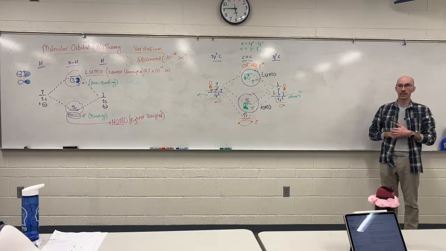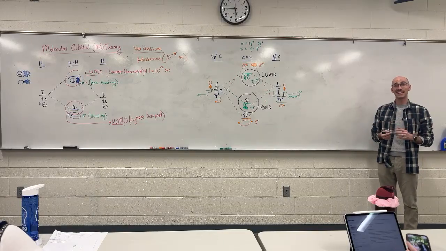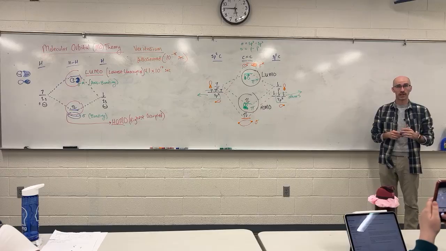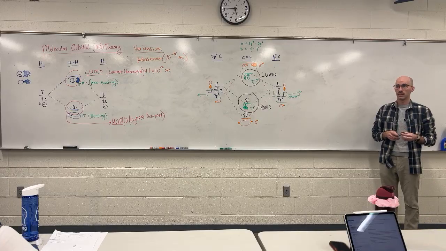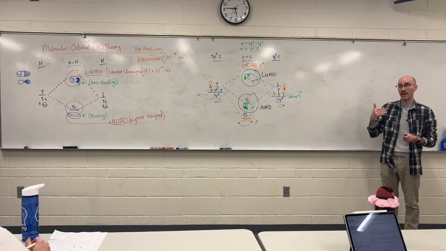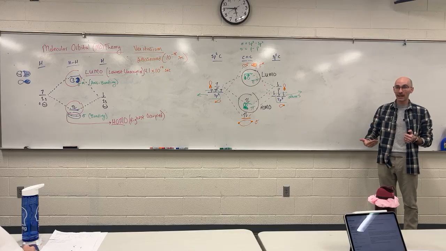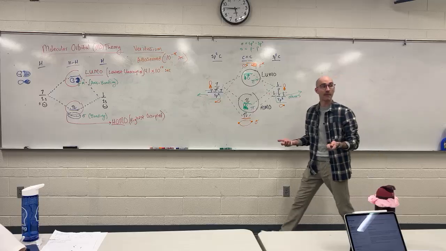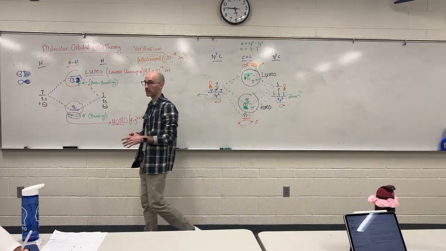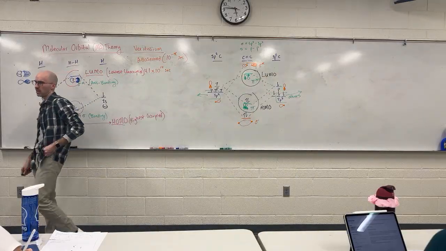So in OCHEM 1, you learned a lot about alkene addition reactions, correct? And we talked about how the pi bond is involved in that addition step. The pi bond always breaks. Why?